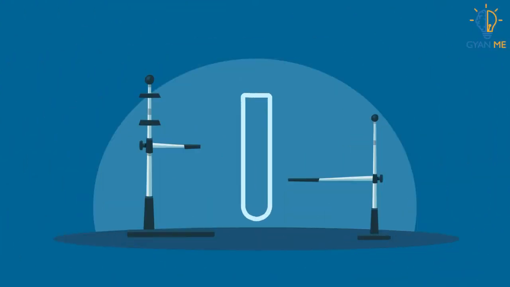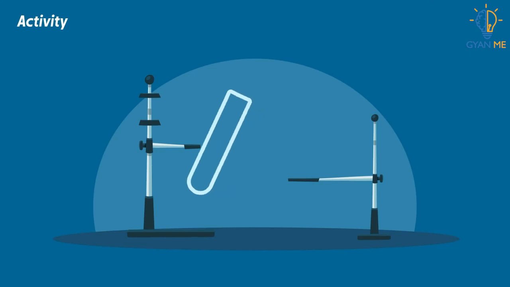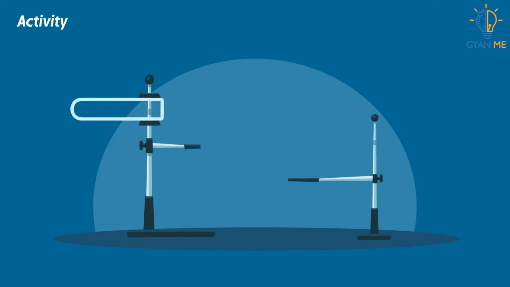So let us try to understand this reaction with an activity. For this, we take a test tube and fix it horizontally on a stand like this. Take a glass bowl soaked in ethanol and place it inside the test tube like this. Also place copper pieces near it.